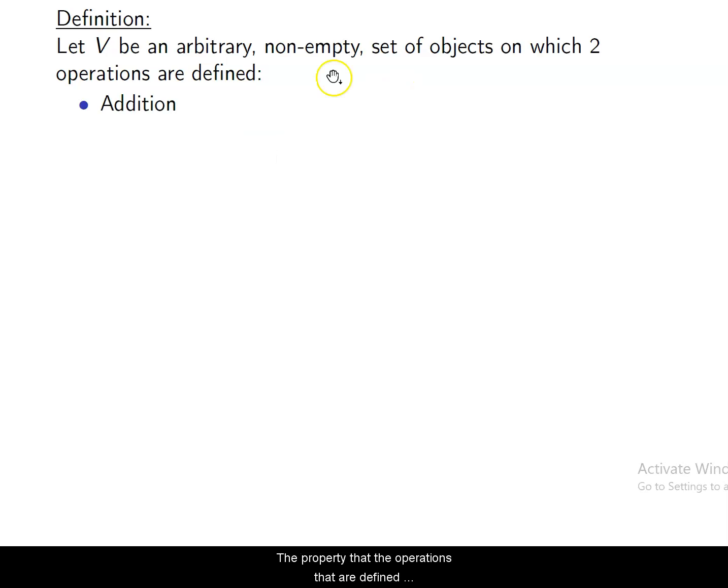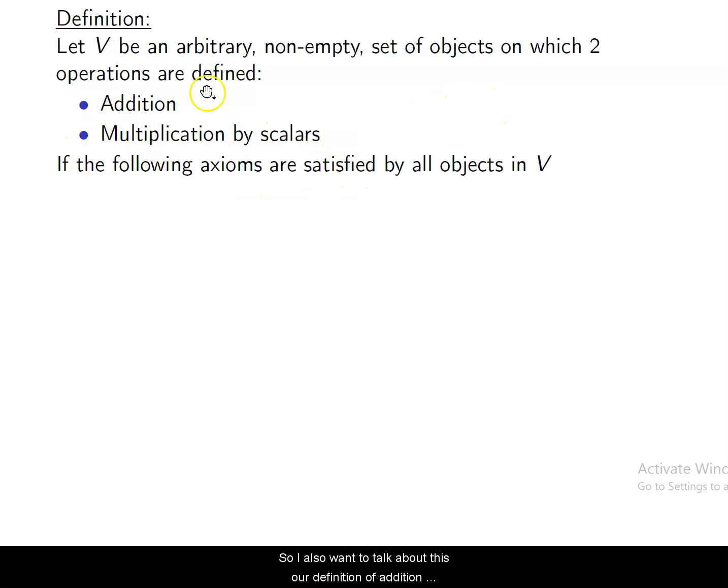The operations that are defined on a vector space are the ones we're used to: addition and scalar multiplication, right? I also want to talk about this. Our definition of addition does not have to be the standard definition of addition. As long as it satisfies the 5 properties of addition that we'll go through, we can call that addition. Multiplication by scalars does not have to be what you regularly think of as multiplication.